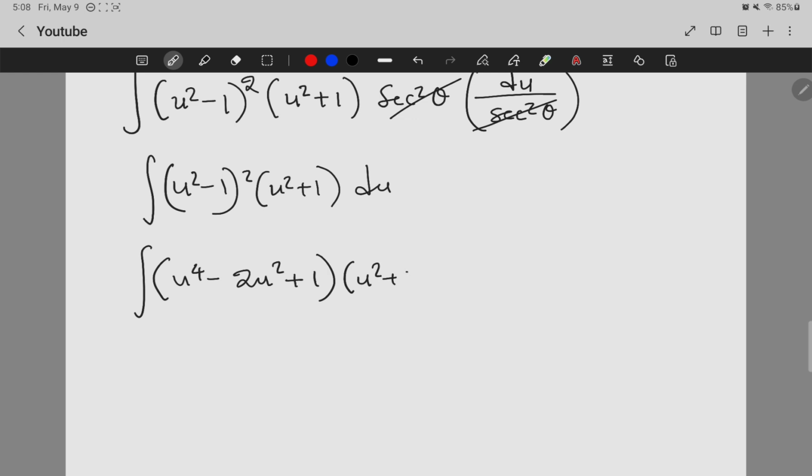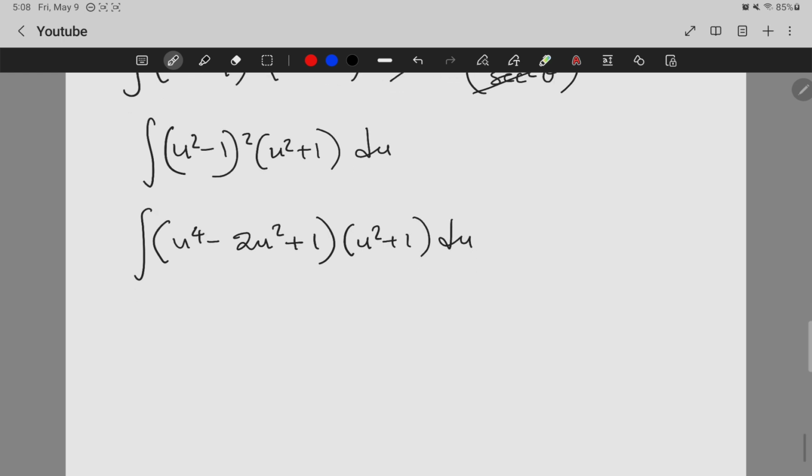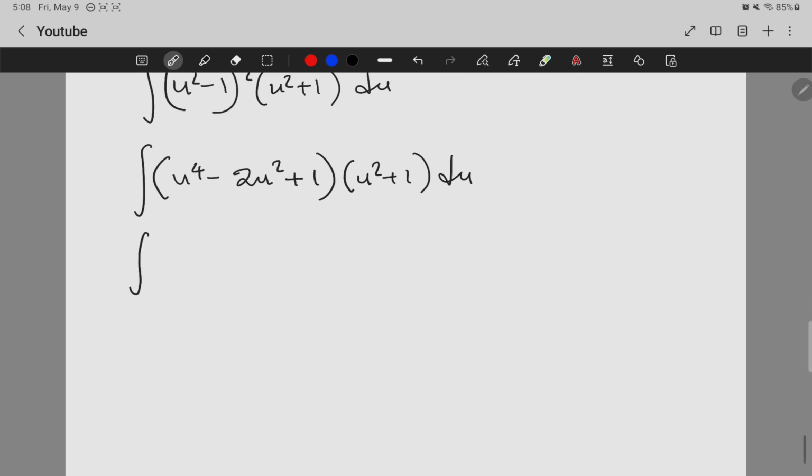Then here we have u squared plus 1 du. Then again, distribute. We have u to the power 6 minus 2 u to the power 4 plus u squared plus u to the power 4 minus 2u squared plus 1.